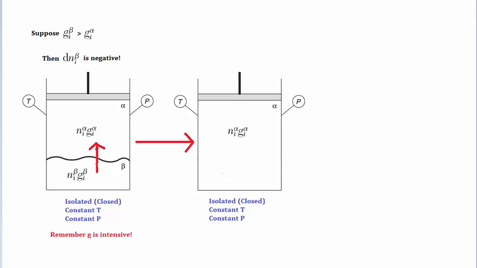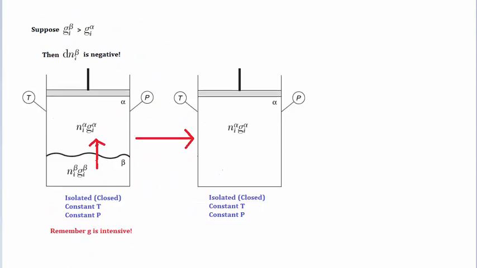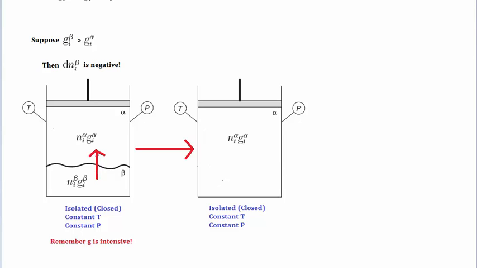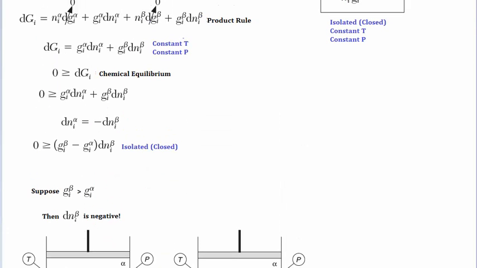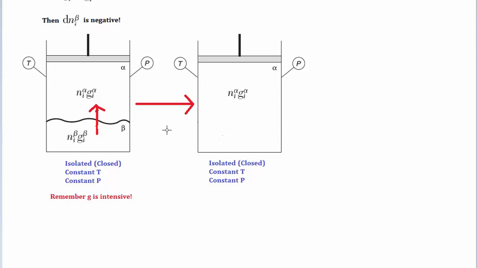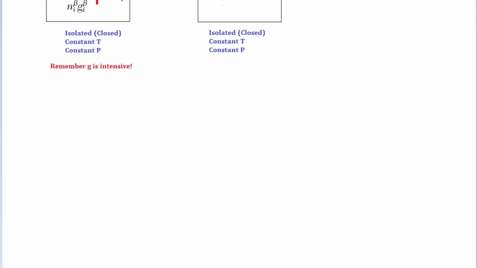The other thing you need to remember is, if your Gibbs energy is intensive, and you're saying that the Gibbs energy of beta is always greater than the Gibbs energy of alpha, and since this is intensive, it doesn't matter how much you have. So what it implies is that your overall equation here will be negative, and you'll completely convert from your beta phase to your alpha phase, and you'll be left with nothing but your alpha phase.